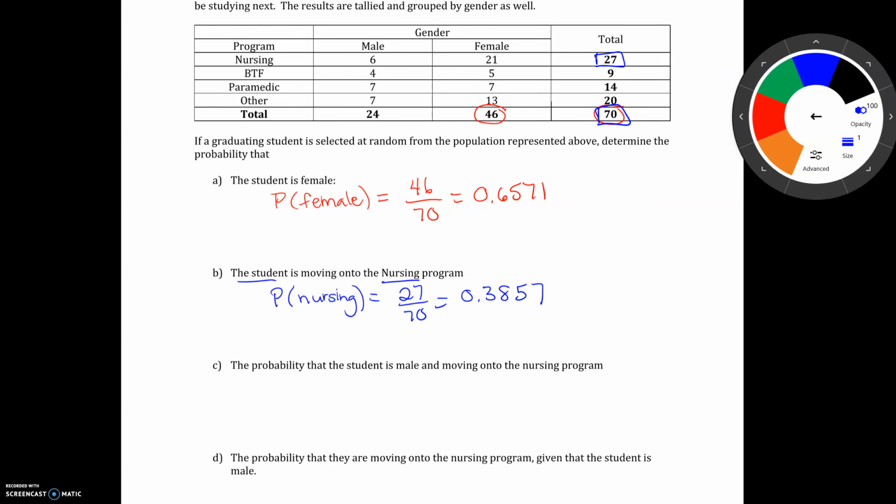Okay. Third example, the probability that a student is male and moving into the nursing program. Here, we're talking about a probability that a student in general is male and moving into the nursing program.